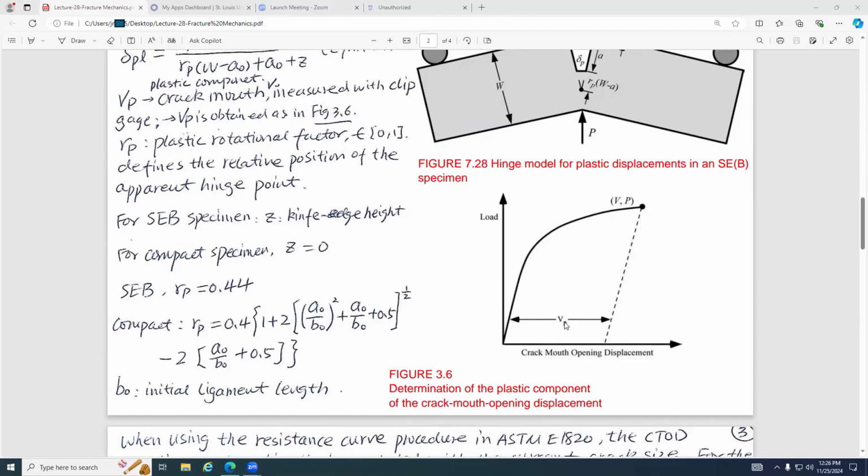Residual displacement means the plastic deformation that remains after you fully remove the loading condition. This figure is equivalent to the sigma-epsilon diagram I showed you. Any questions regarding this slide?